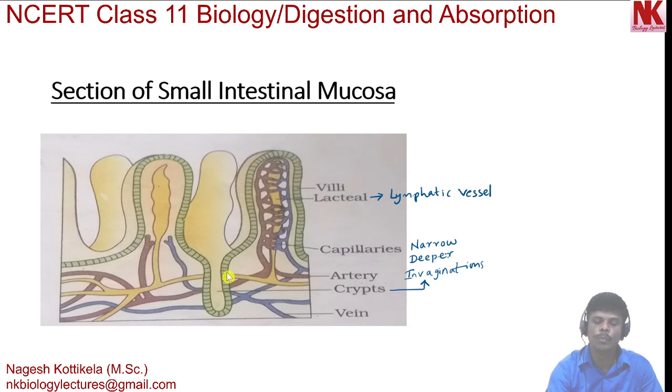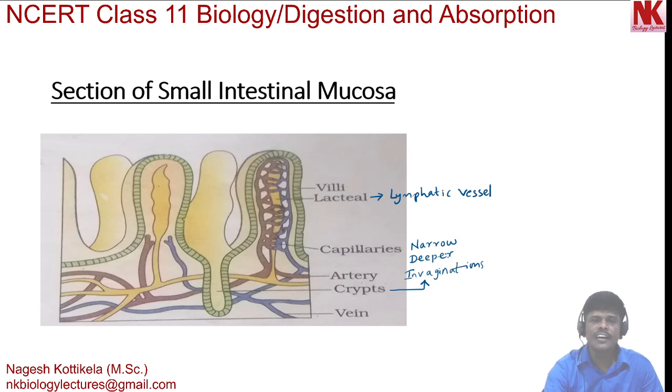Between these two bases of the villi, here narrow, deeper invagination is present. This is called crypt. Many such crypts are present. These are called crypts of Lieberkühn. Lieberkühn is name of the scientist. He is a German physician.